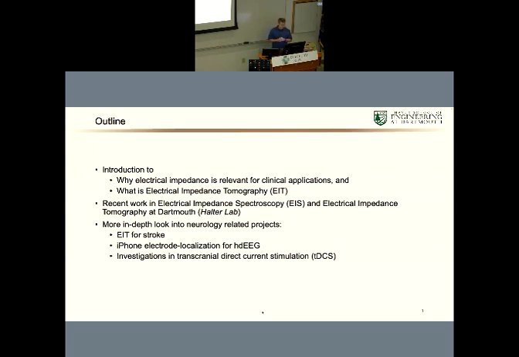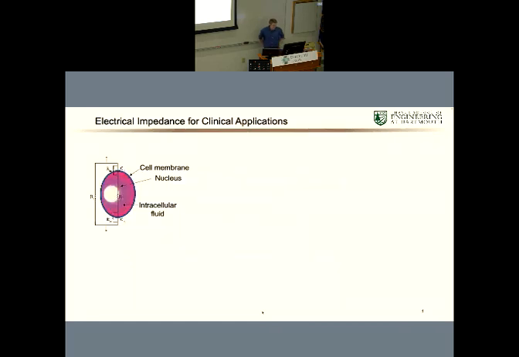And when we were doing that, we did this interesting thing with a portable iPhone electrode localization technique for high-density EEG caps. And then we're more recently investigating some tDCS, transcranial direct current stimulation, where I'm doing a lot of modeling related to that.